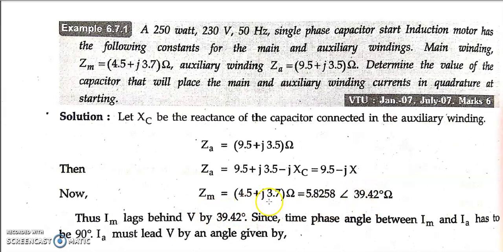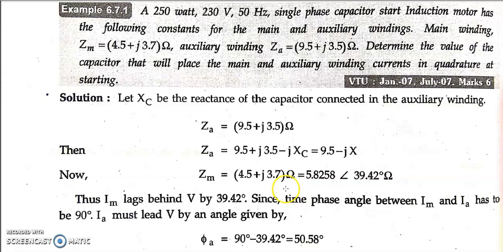Whereas Zm is equal to 4.5 + j3.7 ohm in rectangular form. In polar form, converted with the calculator, it will be 5.8258 at 39.42 degrees. So the current Im lags the reference voltage V by 39.42 degrees.